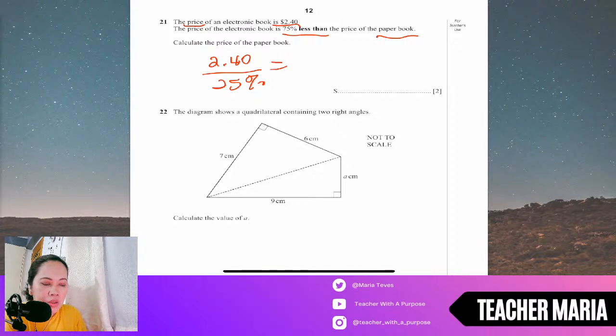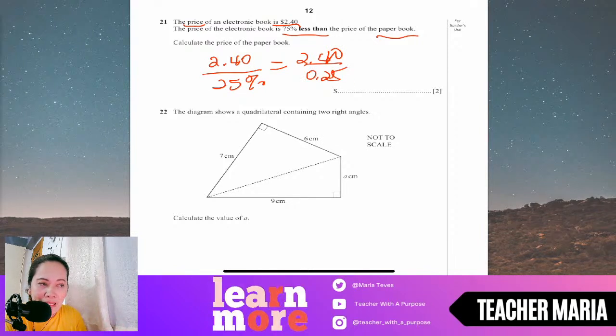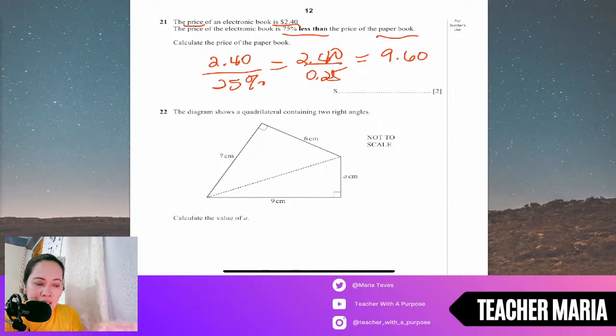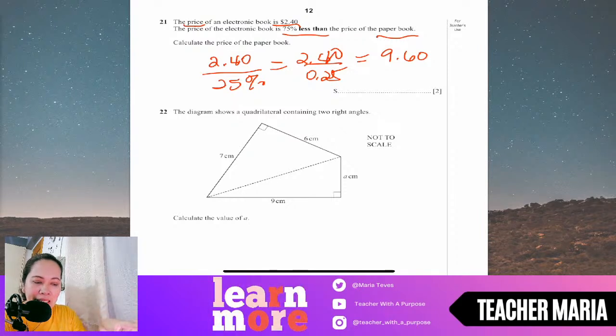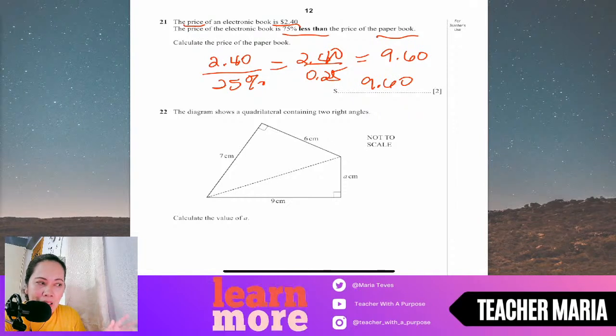So this will be 2.40 divided by 0.25 because it's 25%. Then you will get 960. So the price of the electronic book is 75% less than the price of the paper book, which means that the price of the paper book is 960. It's more expensive because our electronic book is 75% less than the other book.